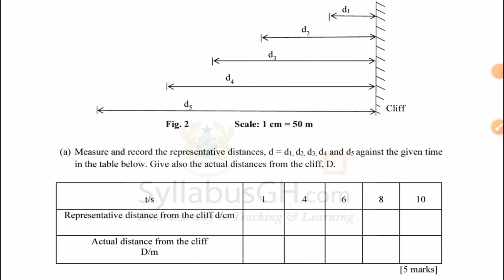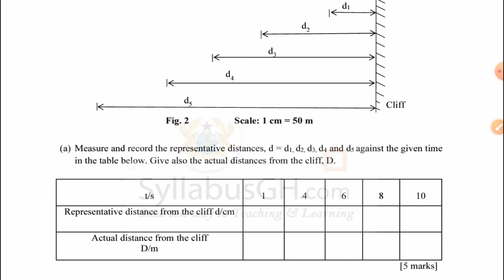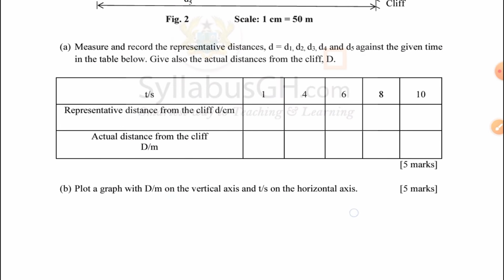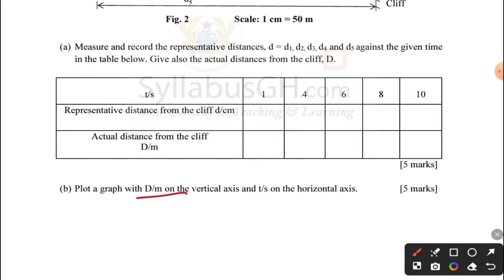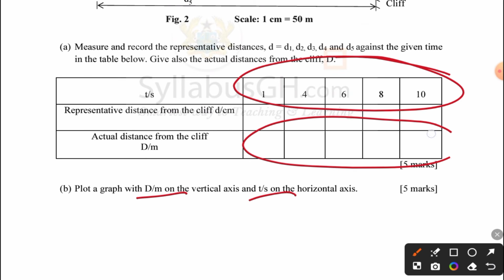The last thing I would want to say about this question is that it says measure and record the distances against the given time in the table below. Give the actual distances. So plot the graph with D in meters on the vertical and then t in s on the horizontal. So you're going to plot the time and the actual distance, capital D. Now, after finding your gradient, you are going to have y2 minus y1 over x2 minus x1.